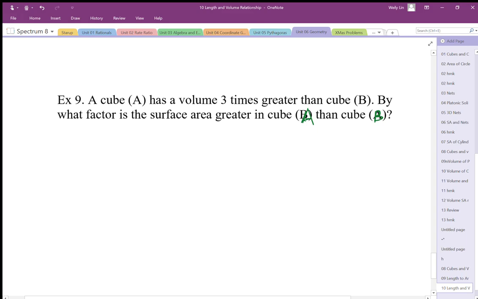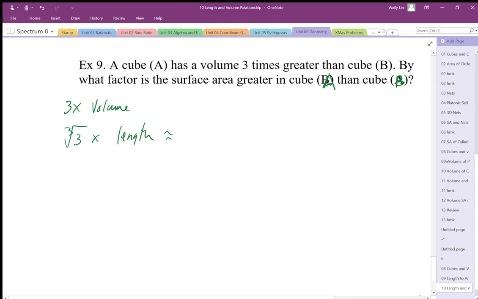So I'm going to say 3 times volume works out to cube root of 3 times length, which is approximately, using my handy calculator here, about 1.44 times the length.